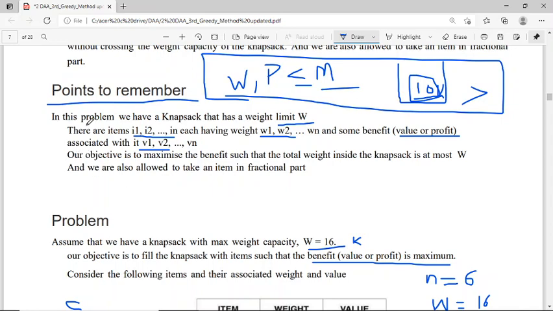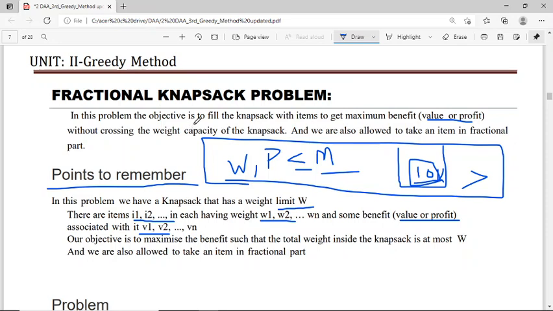Once again I will repeat, the knapsack problem is that the objective is to fill a knapsack with items to get maximum benefit or profit without crossing the weight capacity of the knapsack, and we are also allowed to take the item in fractions.